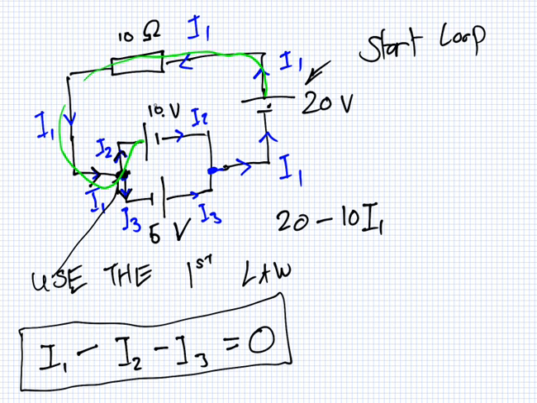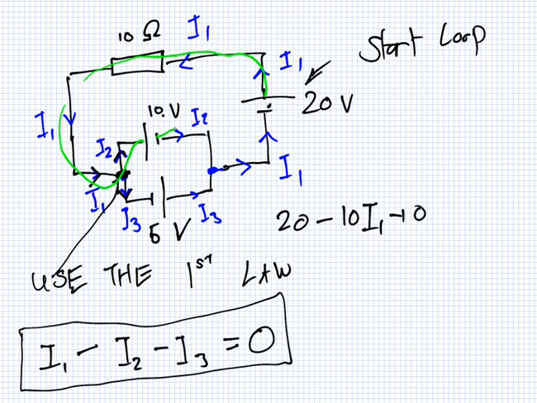I1 equals 5 over 7 plus 5 over 3, which is 50 over 21 amps. So now I know I1, I2, and I3.